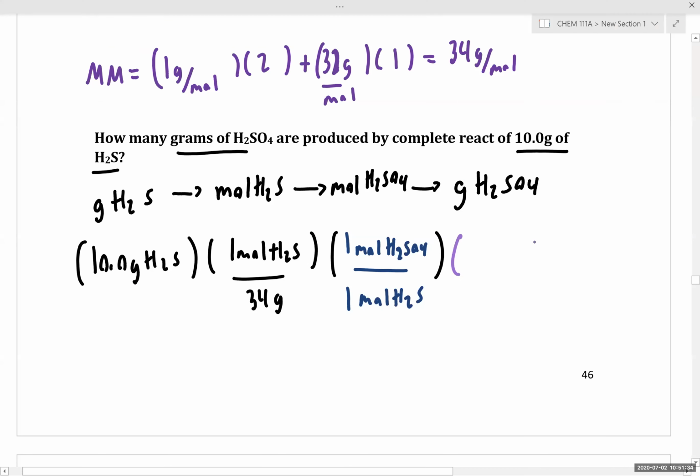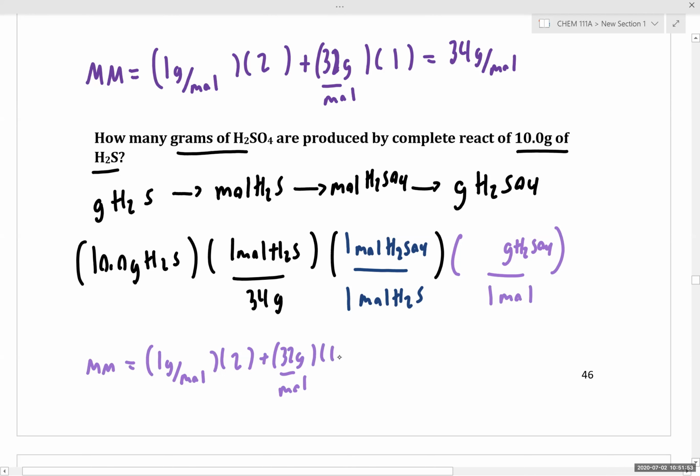Okay, and then we need to figure out how many grams of sulfuric acid are present in 1 mole. So looking at the molar mass, we have 1 gram per mole times 2 plus 32 gram per mole times 1 plus 16 gram per mole times 4.